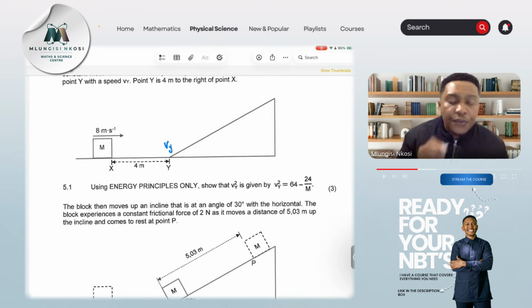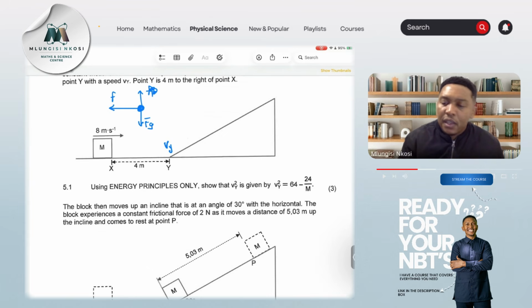So what are the forces that would be acting on this block as it is moving from X to Y? Well, there's friction that would be opposing. There's the normal force as well as the gravitational force.